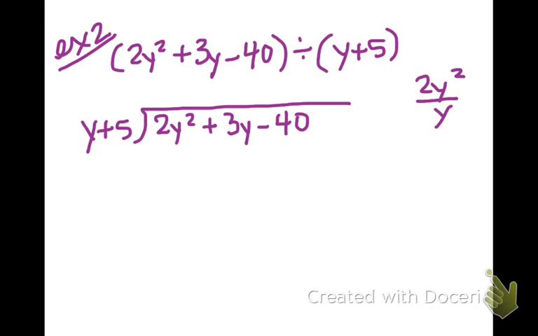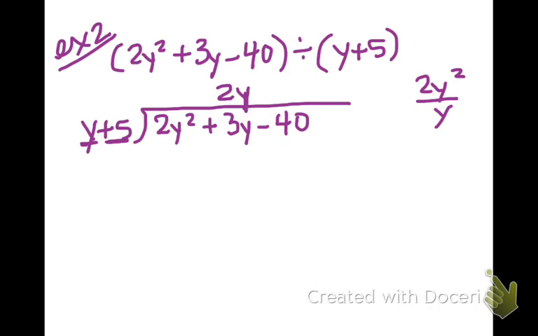Okay? So we're canceling out 1y from the top expression is basically what we're doing. So we'll put that over here above the 3y. So we'll line it up above the term that would be considered a like term, because the y doesn't have an exponent of 2, so we're going to put it over the like term. Now we're going to take that 2y times each of the terms in our binomial here.